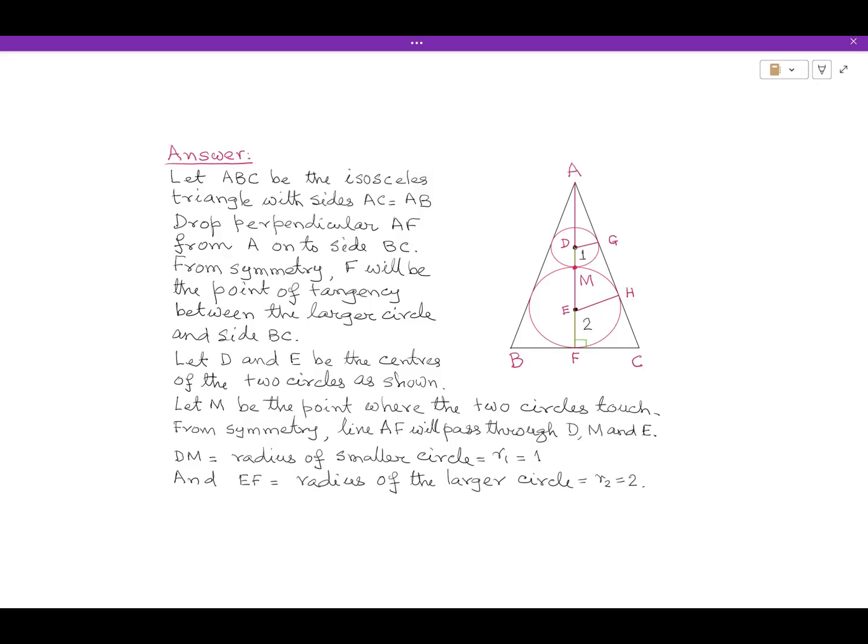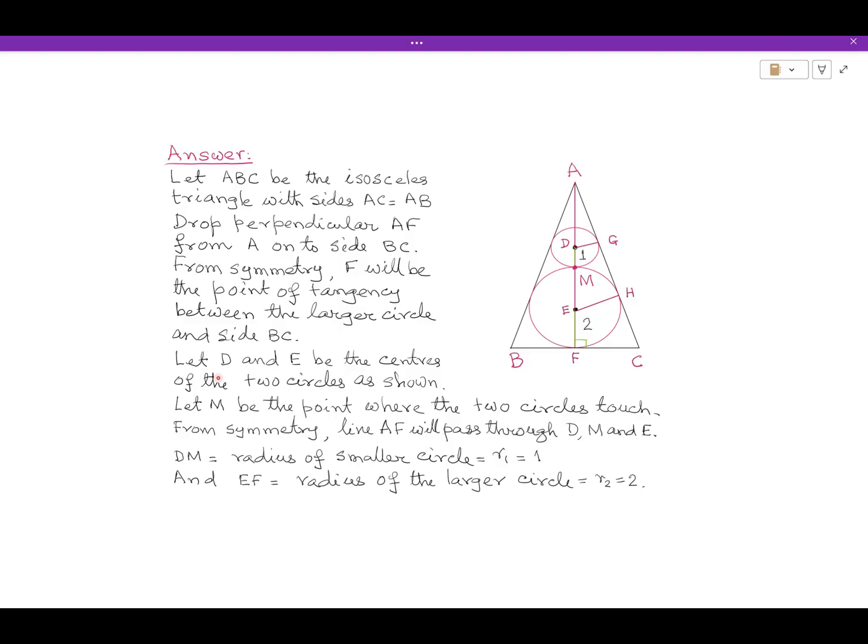From symmetry, F will be the point of tangency between the larger circle and side BC. Side BC is touching the larger, or the inscribed, circle at point F, then this line AF will be perpendicular to BC.